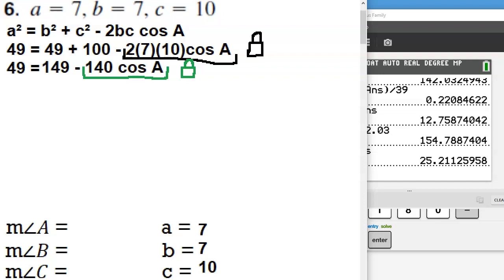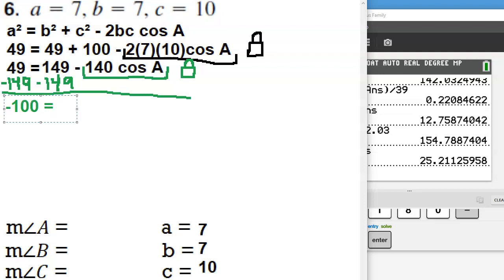They are not like terms, so don't do that. What you have to do instead is subtract 149 from both sides. So whether you like it or not, you have to do it this way. If you try to combine like terms when you can't, you will get the problem wrong. I'm not telling you to be annoying, even though I'm really good at it.